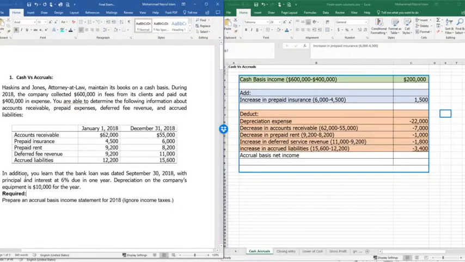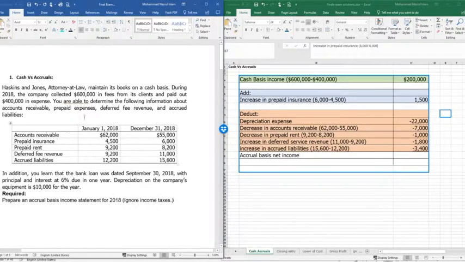In addition, you learn that the bank loan was dated September 30, 2018, with principal and interest at 6% due in 1 year. Depreciation on the company's equipment is 10,000 for the year. So prepare the accrual basis and ignore the income taxes.